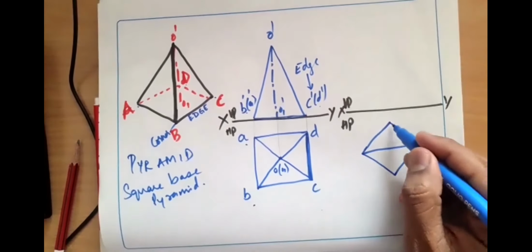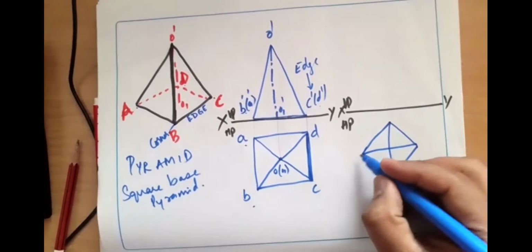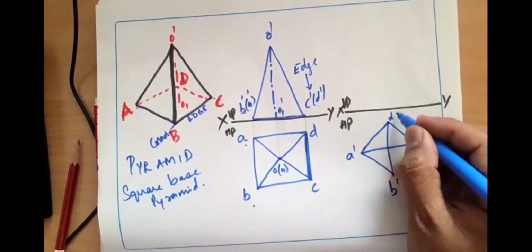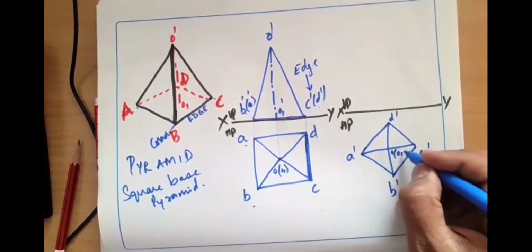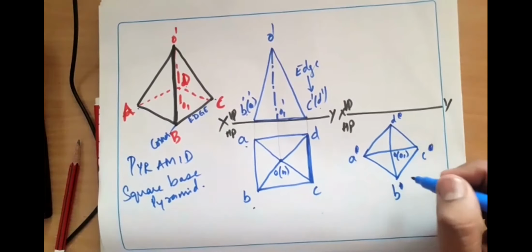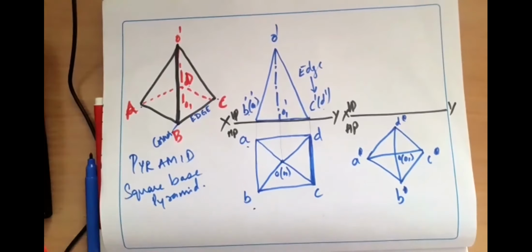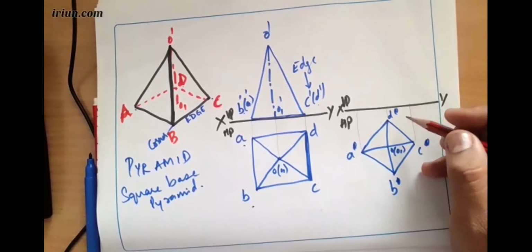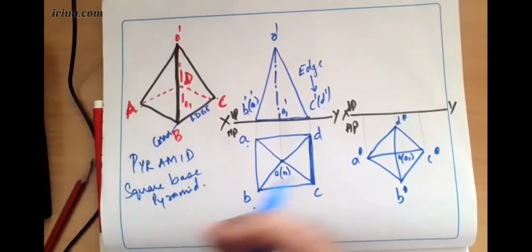So the slant edges are dark. I'll name this as A dash, B dash, C dash, and D dash. This will be A, B, C, and D, and this is O of O1. And then from here, I'll draw the projectors and represent its front view.